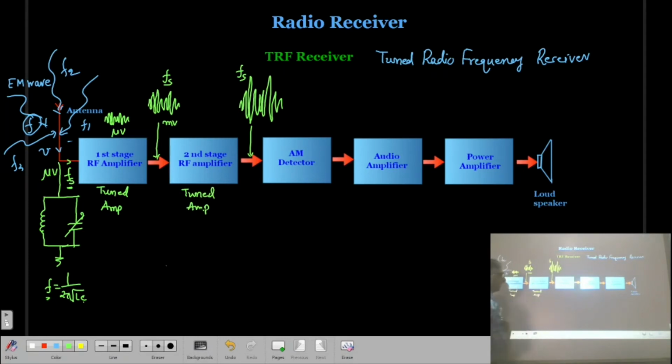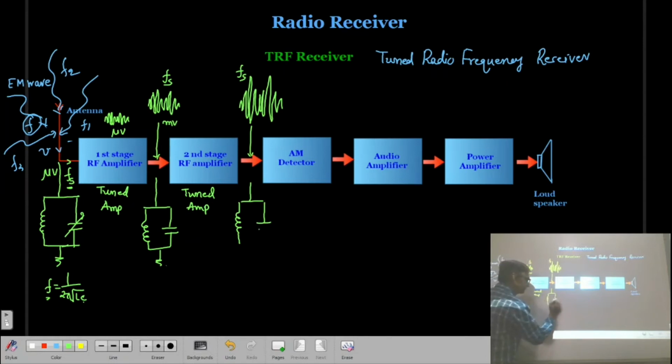In a tuned amplifier, again there will be a kind of resonance circuit. So at this input, if you see, we have a tank circuit. At this stage also we have a tank circuit, and all these capacitors, remember, are tuned for a frequency fs. This capacitor is connected with this one, which is also connected with this.